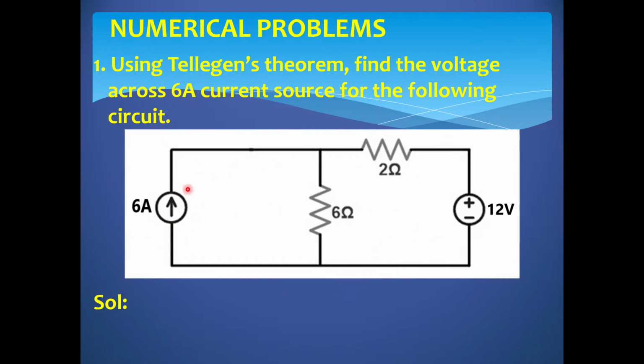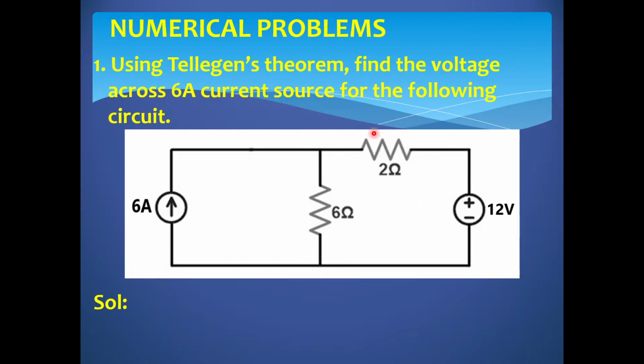You can see there is a current source, there is a voltage source, there are two resistive elements, meaning two power absorbing elements, and two power delivering elements. The power delivering elements are the 12 volts voltage source and the 6 amperes current source. Two sources are there, so two powers are delivered.